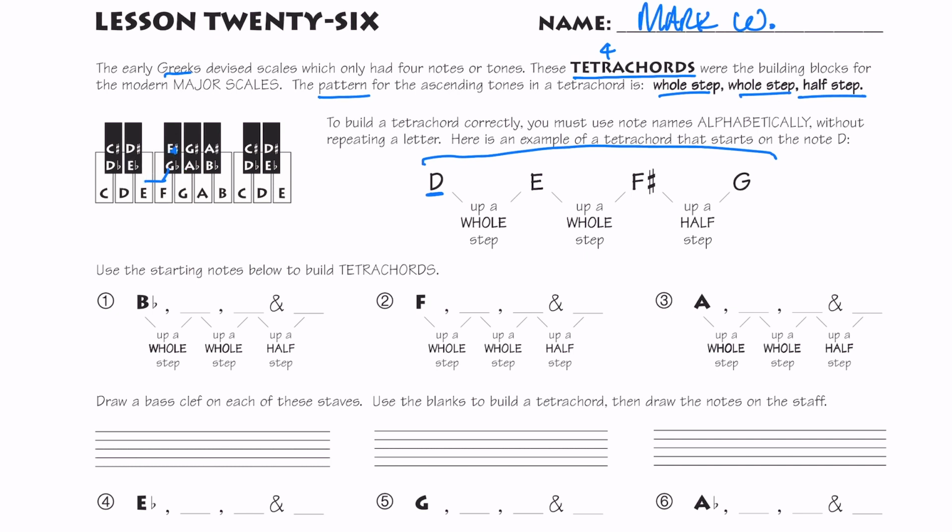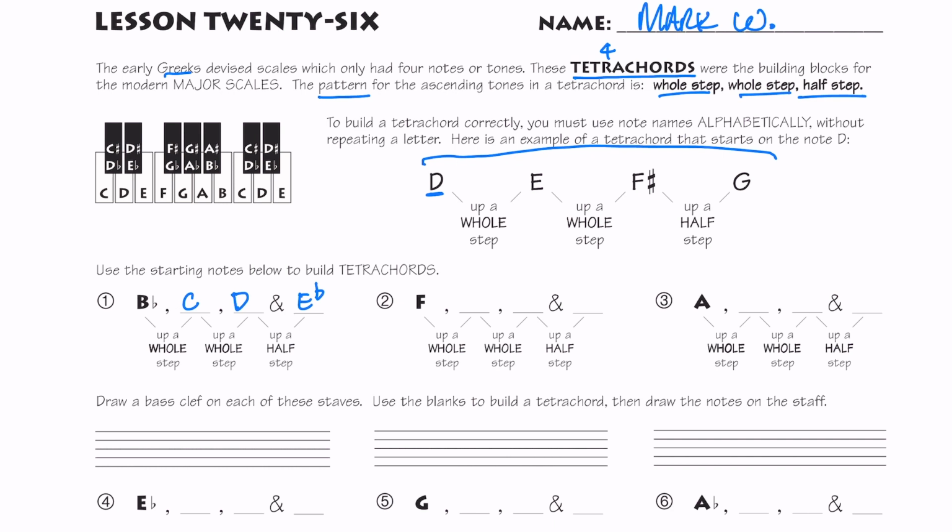So on number 1, I'm using the starting notes here to build my tetrachords. Let me erase the things that I drew on here. Now, you can use the keyboard here or you can have it in your head, but basically what I'm doing is starting on B flat, I'm going up a whole step to C, up another whole step to D, and then up a half step to E flat.